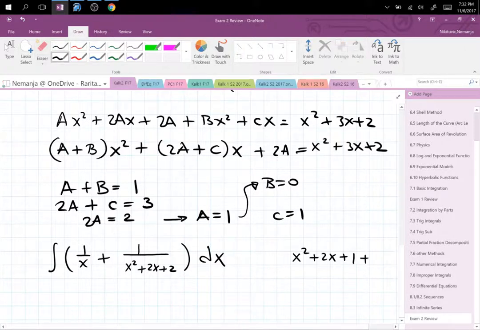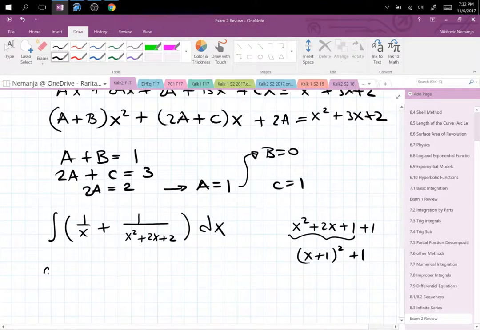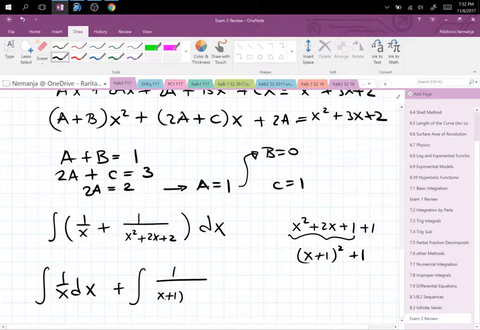So I can break this into 1 plus 1 and solve this as x plus 1 squared plus 1. And that gives me the integral of 1 over x dx as the first one, plus the integral of 1 over x plus 1 squared plus 1 dx.